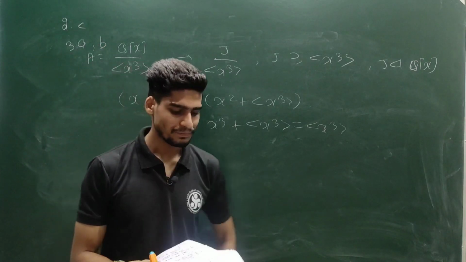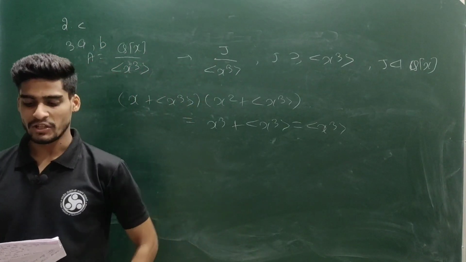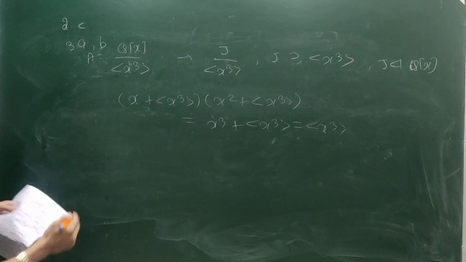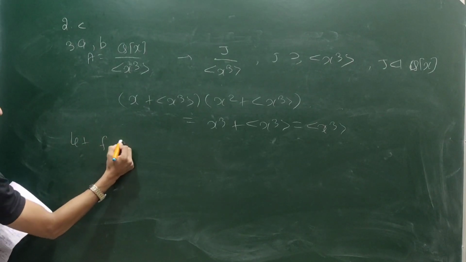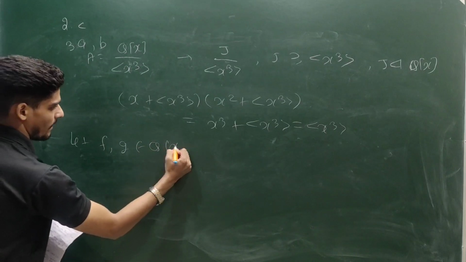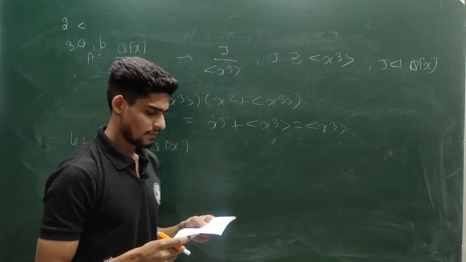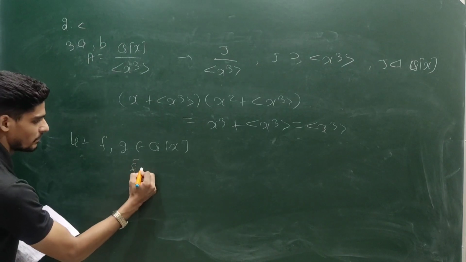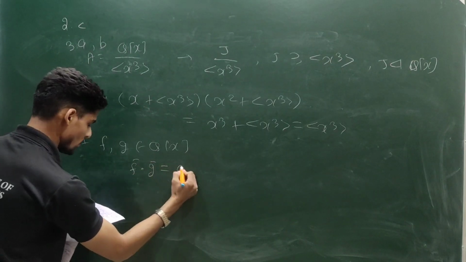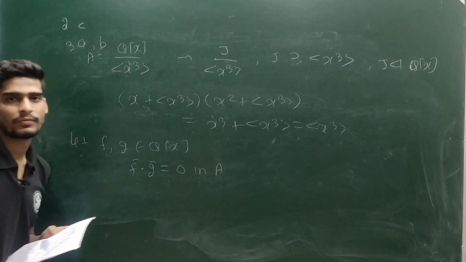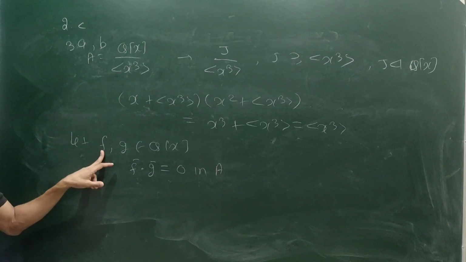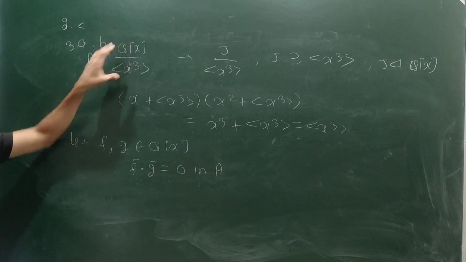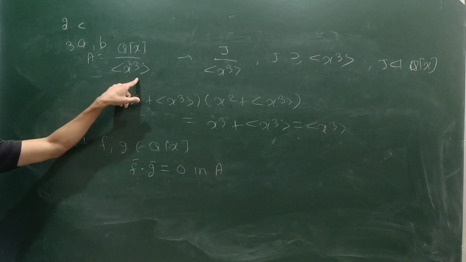Option D: let f, g be two polynomials in Q[x] such that f bar times g bar is 0 in A. That is, you are taking f, you are reducing it over modulo x cube operation.